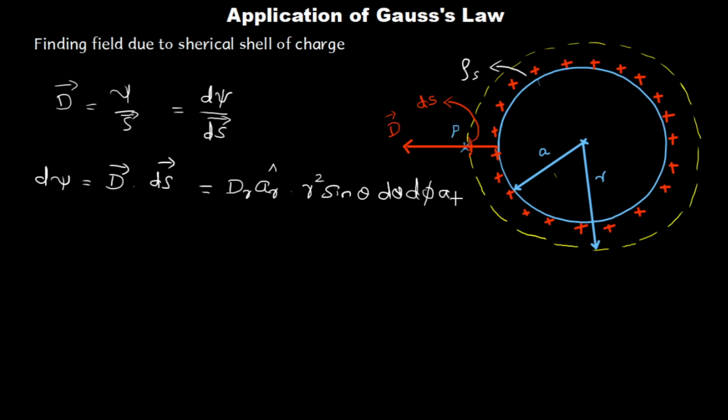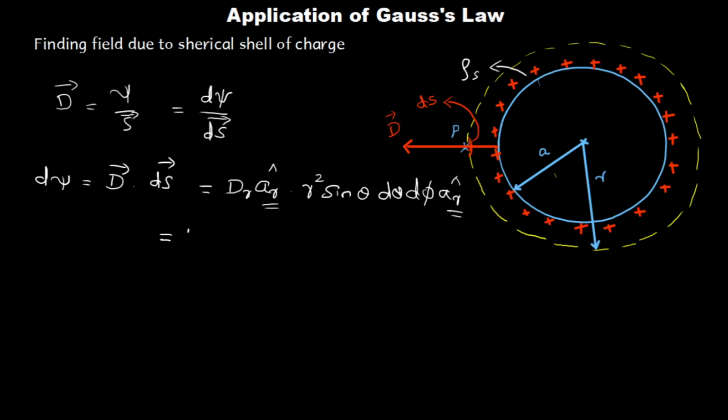a r cap, it's a vector. So r square sin theta d theta d phi will be my magnitude, and ds is also measured in radial direction, because the surface normal at every point will be in the radial direction of the sphere. So it is also a r cap. So I have a r cap dot a r cap, that becomes 1, explained many times in previous videos.